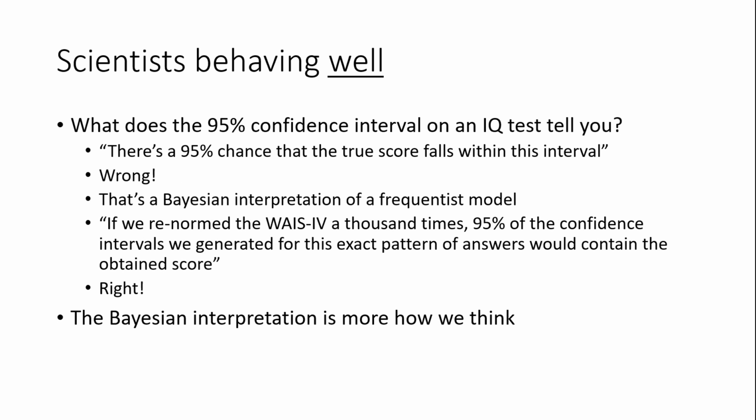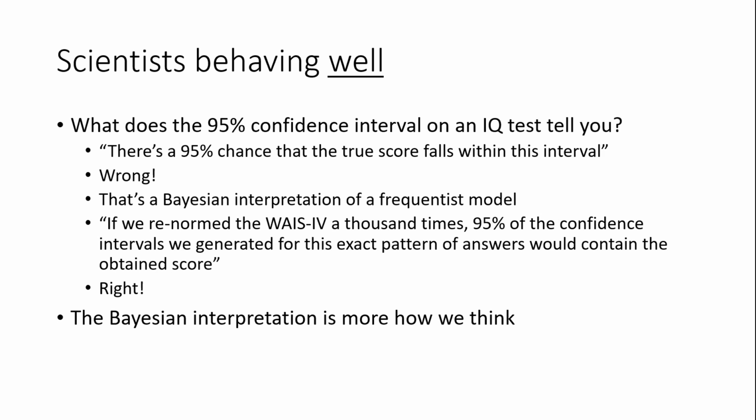So if you think about a confidence interval, what does it tell you? Well, we tell people that if you have an IQ of 98, there's a 95% confidence interval that your true score falls between X and Y. That is incorrect. That's a Bayesian interpretation of a frequentist statistic.